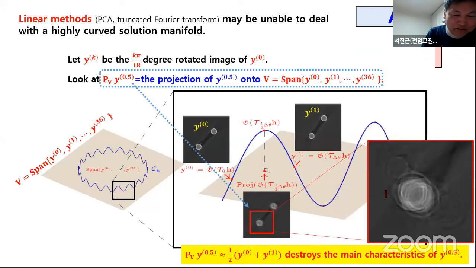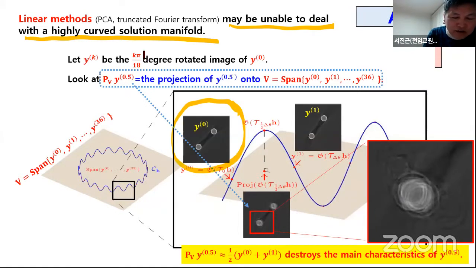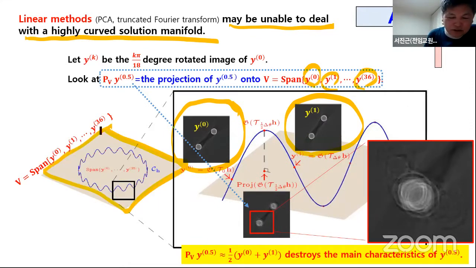A linear approach may be unable to deal with the highly curved solution manifold. Okay, what do you mean by highly curved? Let me say this is Y0. Y1 is the pi over 18 degree rotated image. Then Y1, Y2, YT. Let's look at the span of these. Then look at Y0.5, which does not lie in this plane.